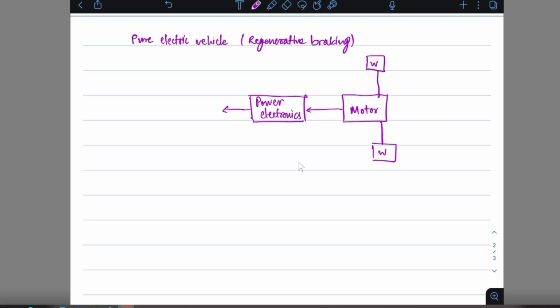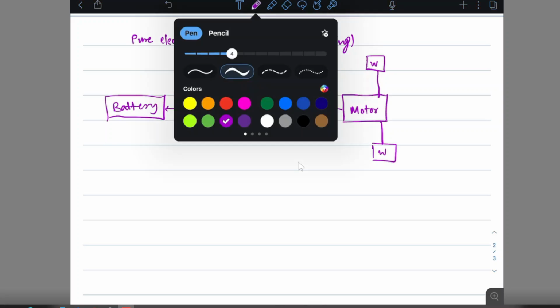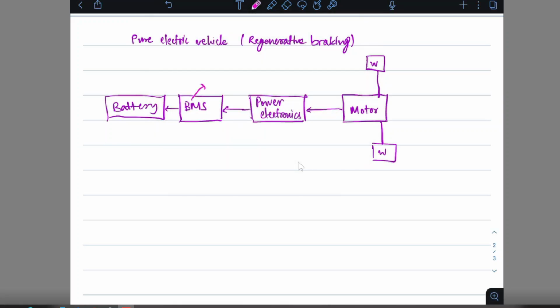Now we have the motor, the power electronics, and let's put the battery. So let me introduce one more layer as BMS and then a battery. BMS is battery management system.